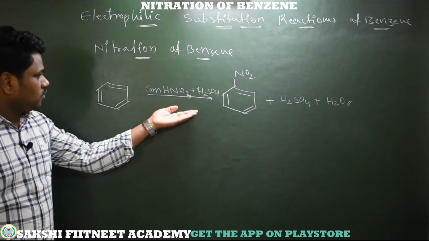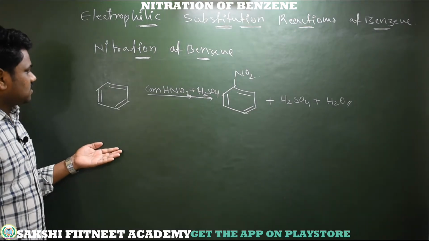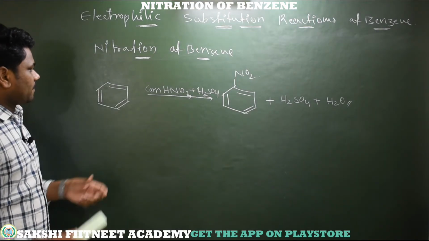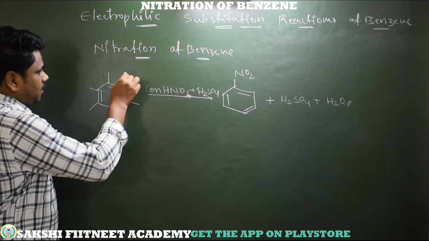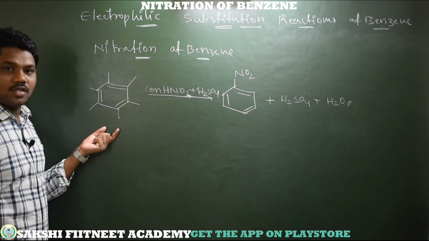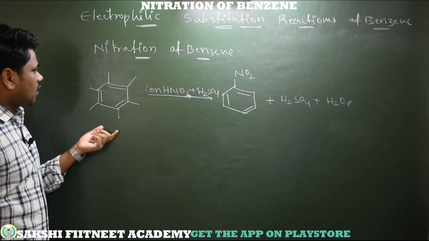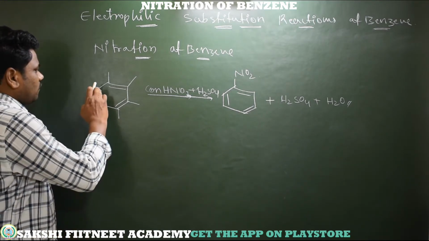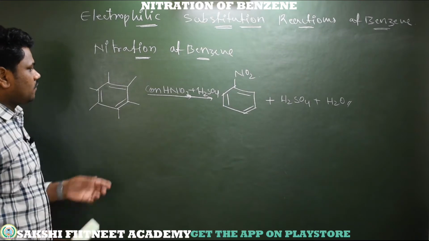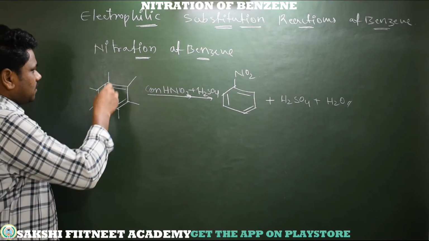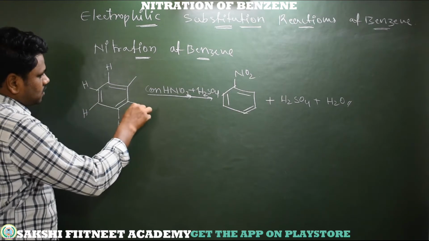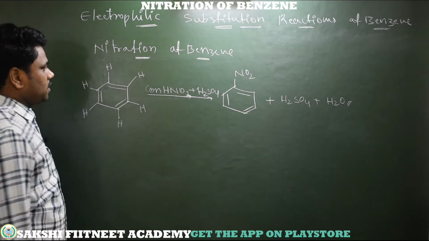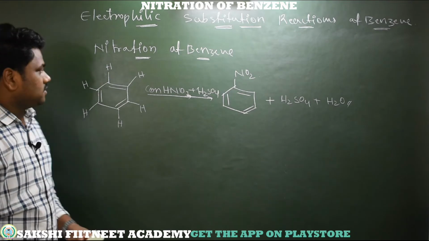Before discussing the mechanism, this is a benzene ring, a 6-membered cyclic ring which follows the aromatic rules, so obviously it is an aromatic compound, in the absence of any substituent. It has 6 carbons with 6 hydrogens, and each carbon gives sp2 hybridization.